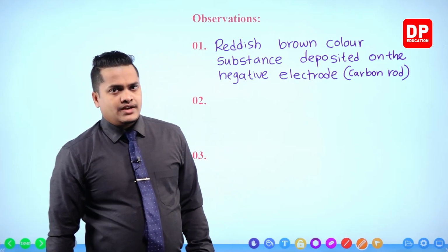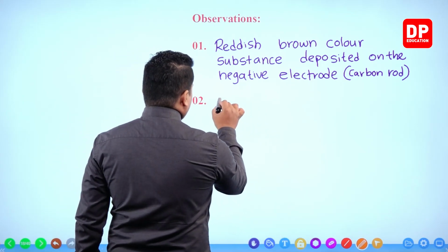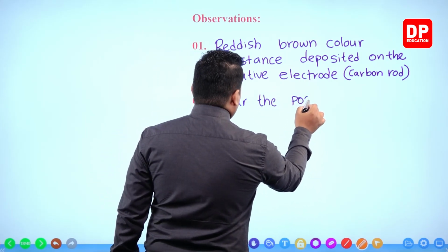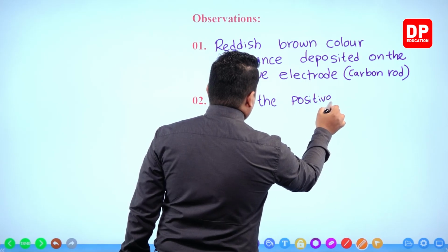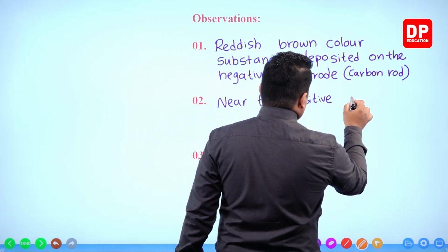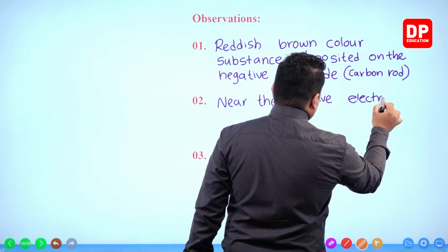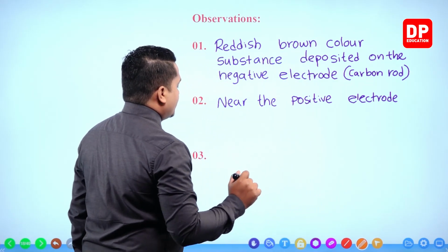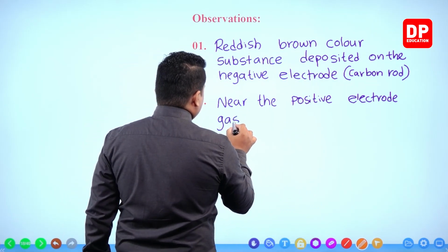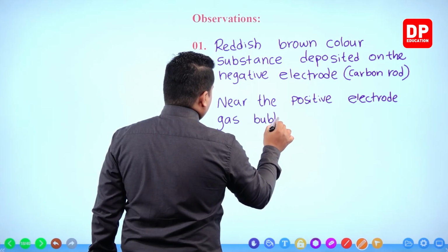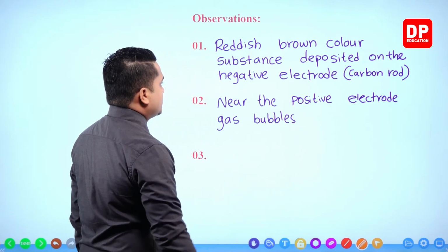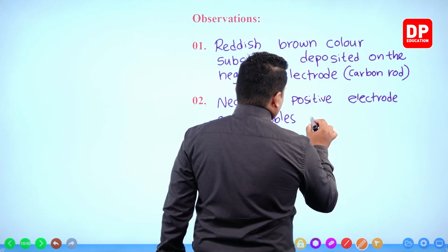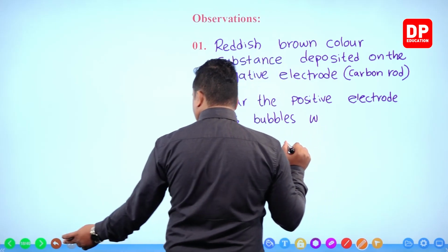So we can write down the second observation then: near the positive electrode, gas bubbles evolved.